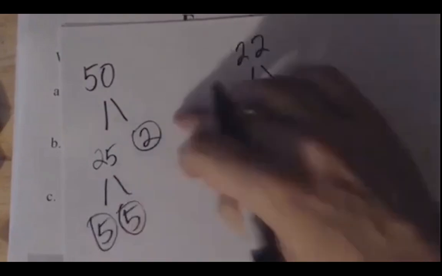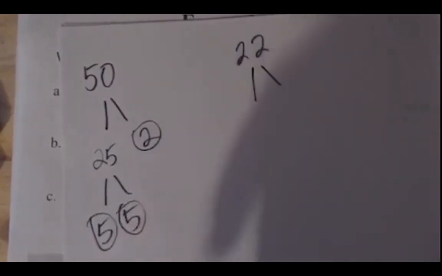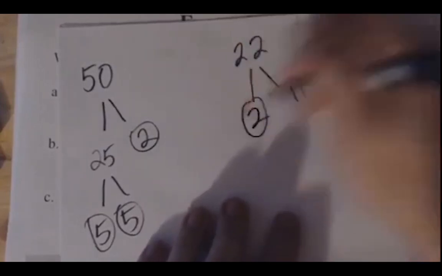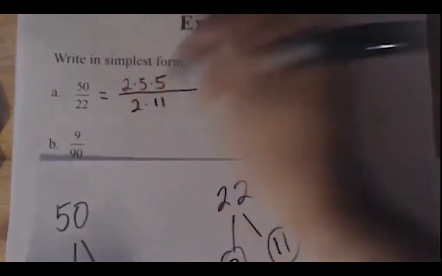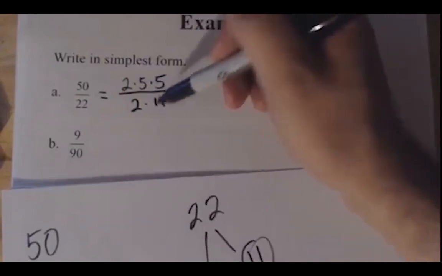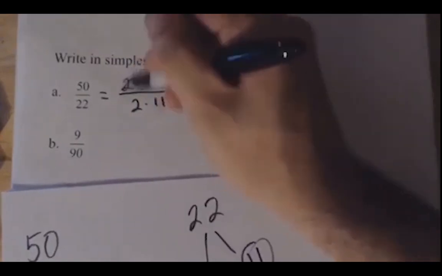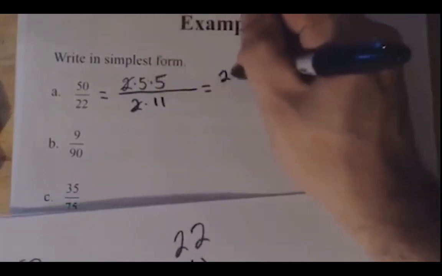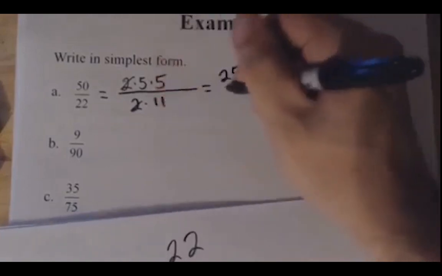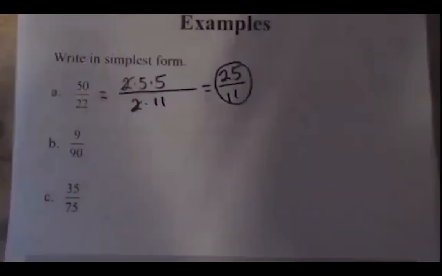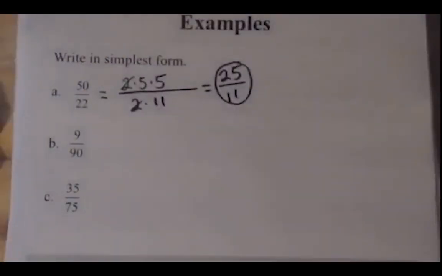There's another way of getting 5 times 5 times 2. 22 is 2 times 11, both prime. So we see that this is now 2 times 5 times 5 over 2 times 11. The 2's cancel. 5 times 5 is left over, which is 25. 11 is left over on the bottom. 25 over 11 would be simplest form.